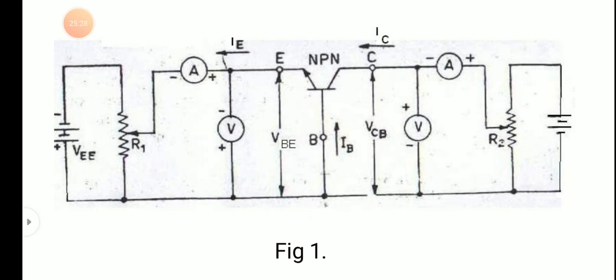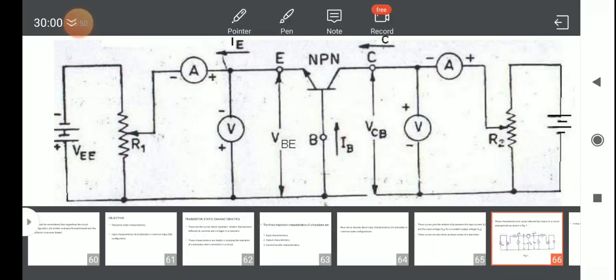Common base input characteristics means we need to know IE and VBE, while making VCB constant. By using this VCC, we keep VCB constant.